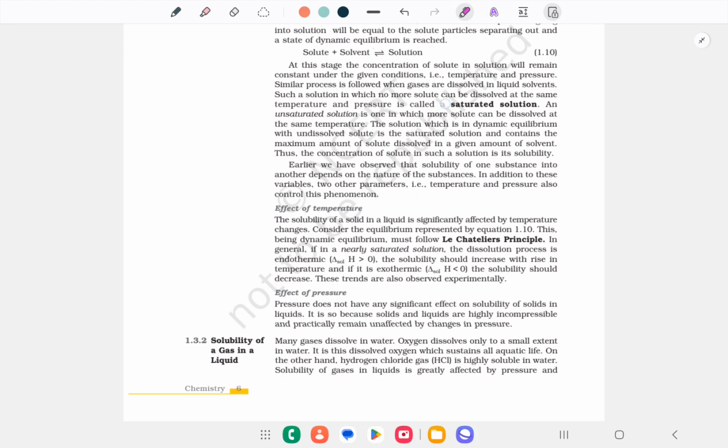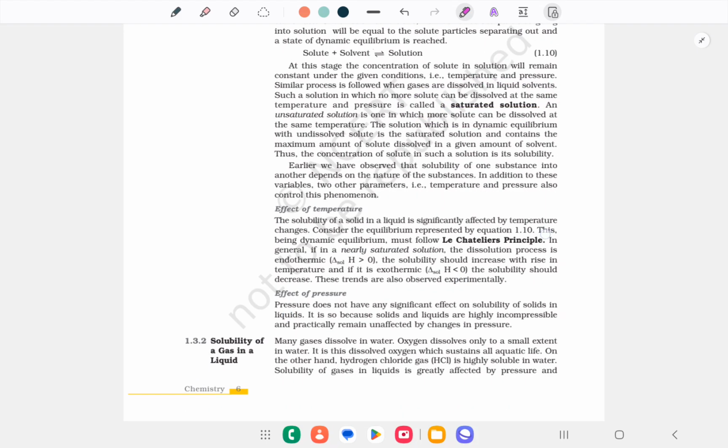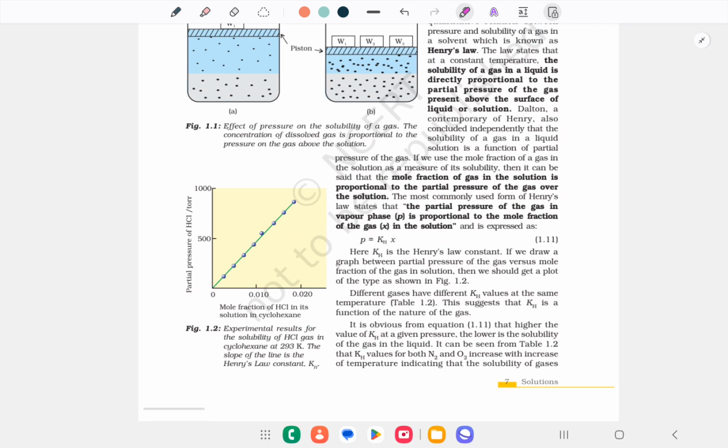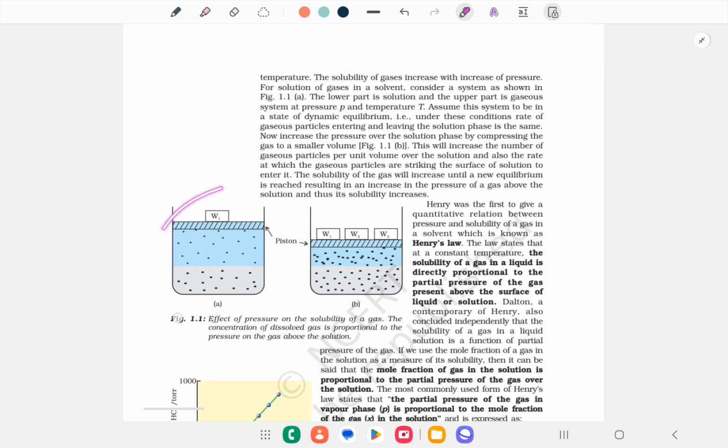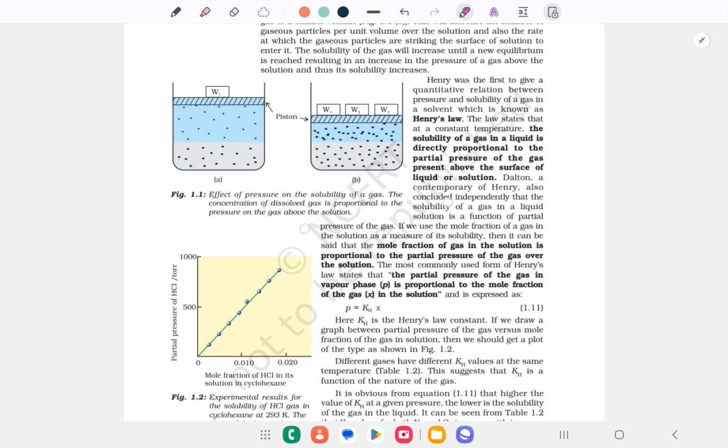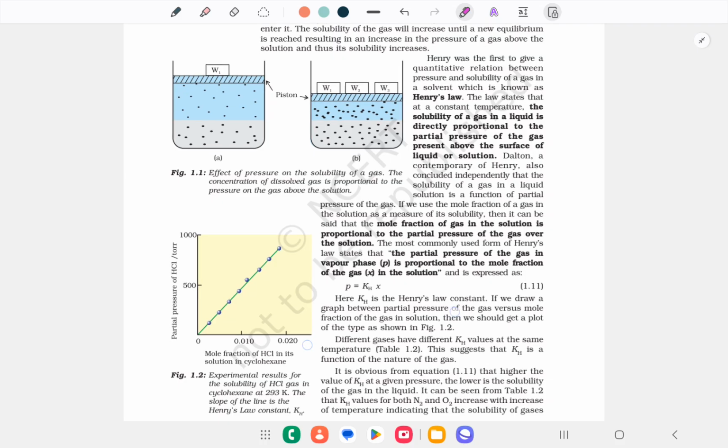I've explained to you what is saturated solution, unsaturated solution, Le Chatelier's principle, and solubility of a gas in a liquid, and the factors which are affecting it, and then the effect of pressure. So if we apply more pressure, then more amount of gas will be mixed up in the liquid, and Henry's law is done.